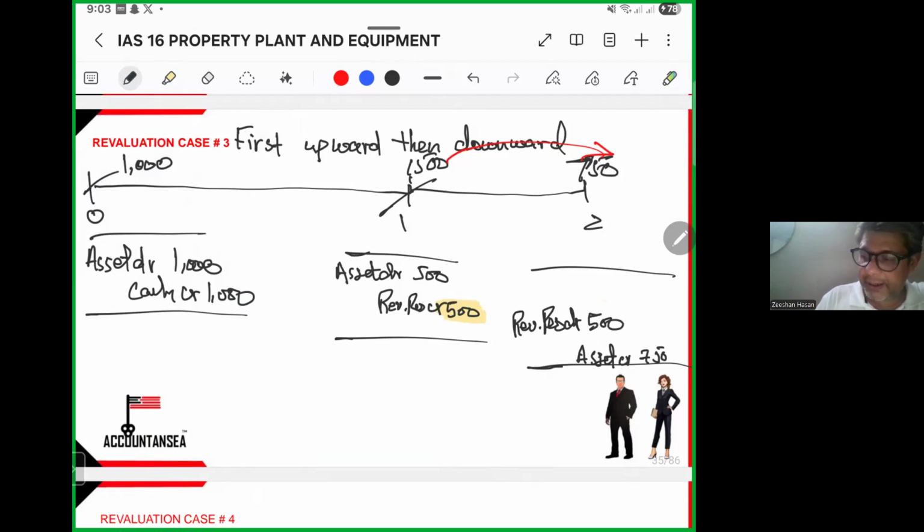Now how much is remaining? 250. So where will it go? It will go to the profit and loss account. So we will recognize it as an expense. So the profit and loss account will be debited by 250. I hope case 3 is also clear.